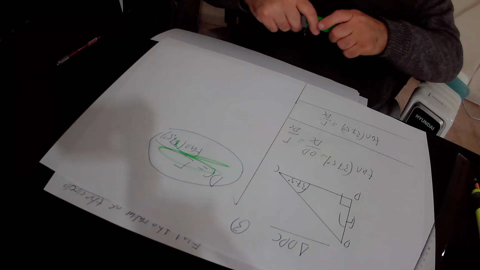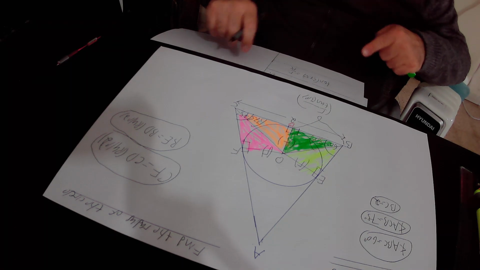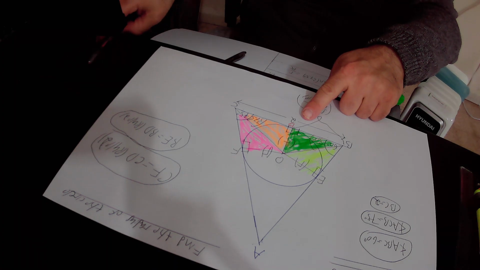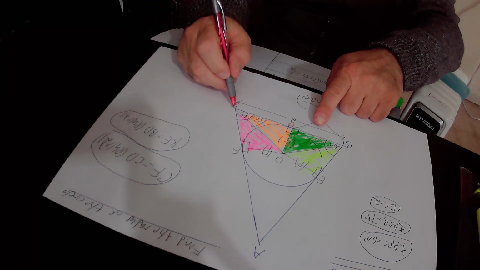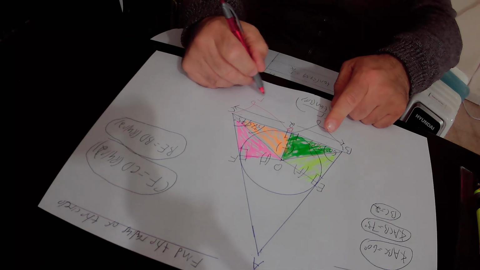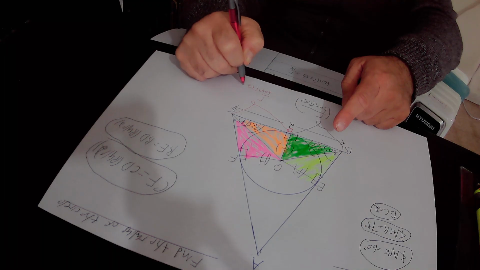So this line segment DC equals R over tangent 37.5 degrees.